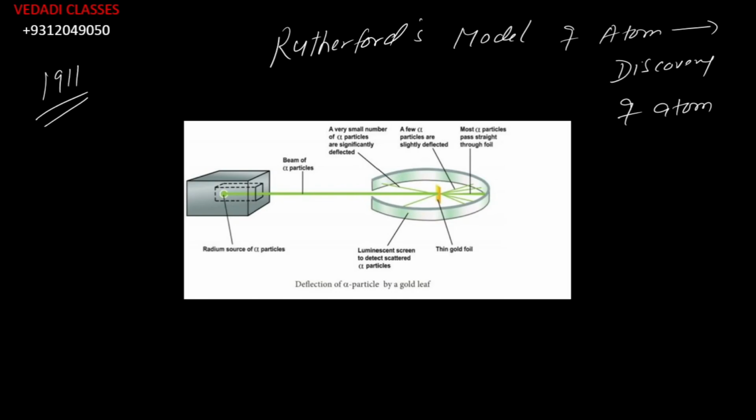So he did some experiment. Here I would like to explain something. He took the alpha ray and bombarded it over the gold foil. This is the thin gold foil. Some results have been observed. I would like to explain in my own way. Have a look here.